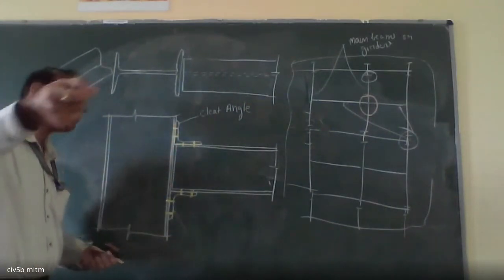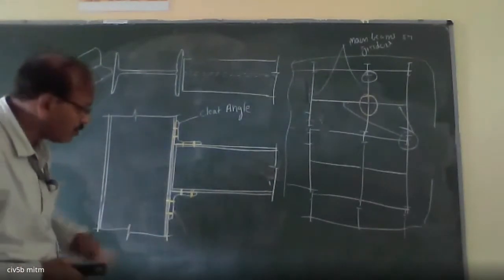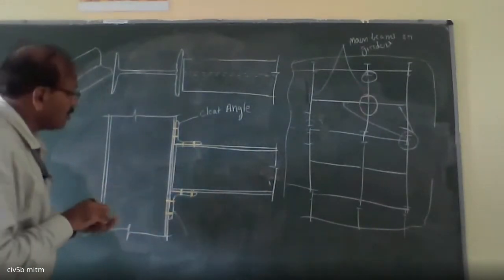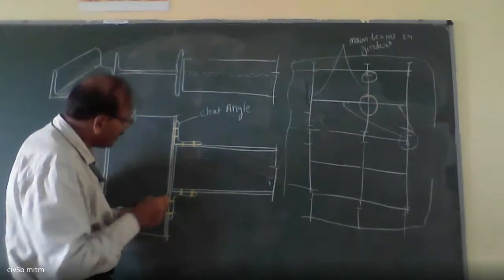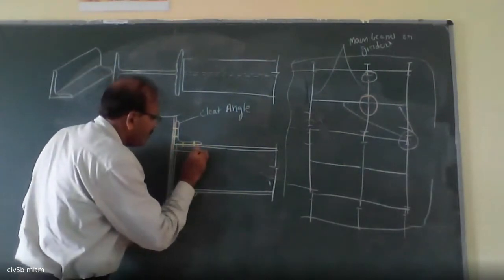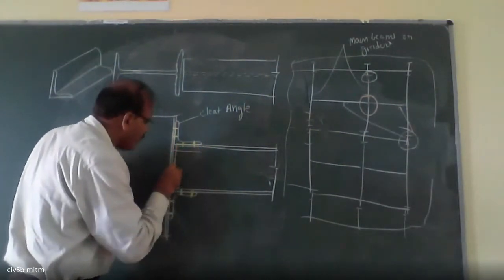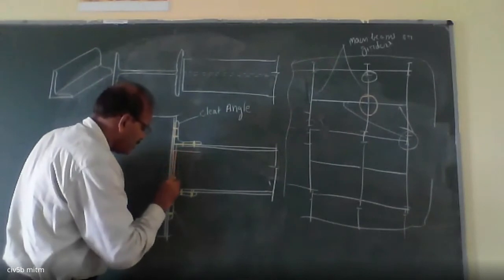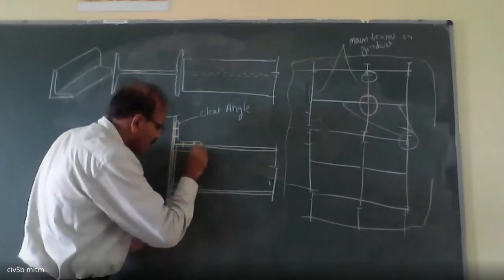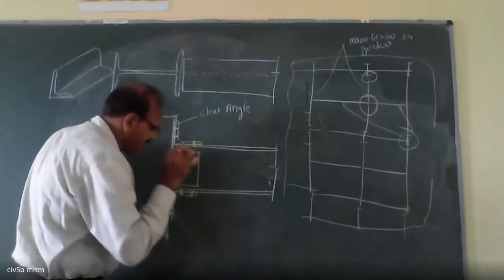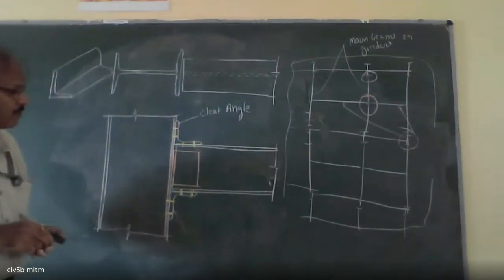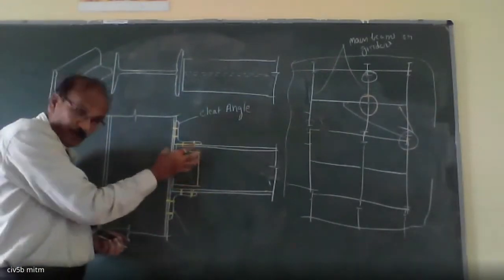But when it comes to transferring the load, not only this part, we are going to provide additional angles. Again, everything is going to be designed. Nothing is going to be placed arbitrarily. Okay? So we are going to provide one angle.